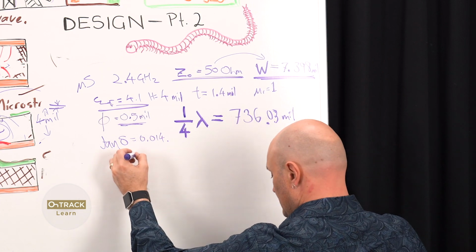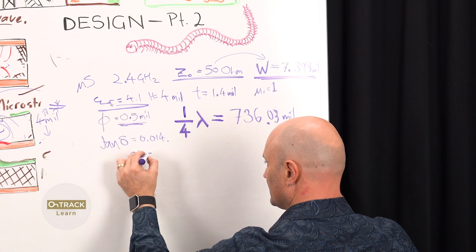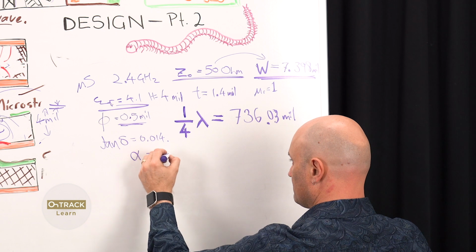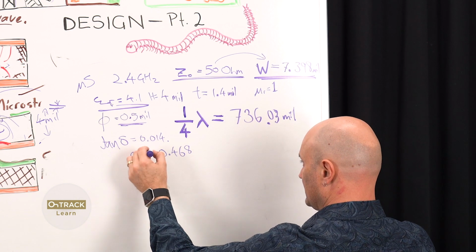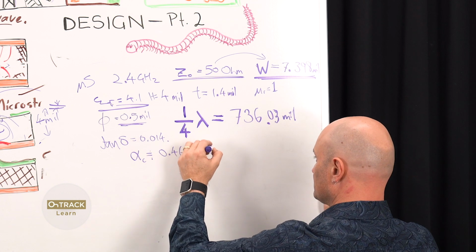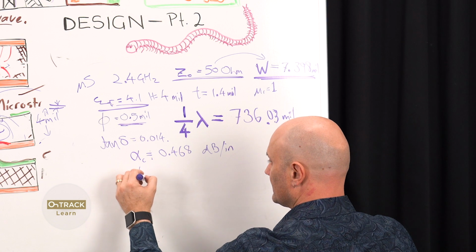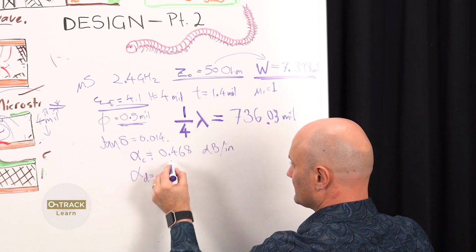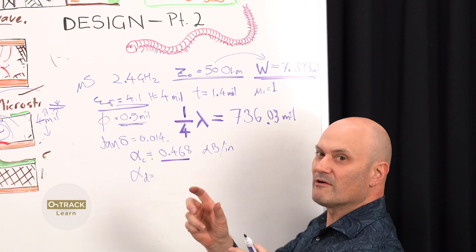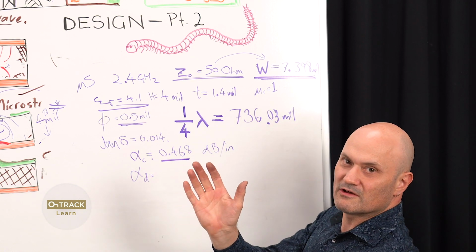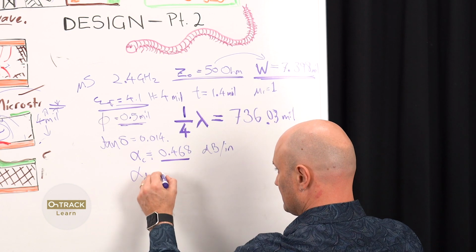We have a conductive loss, alpha C, of approximately 0.468 decibels per inch. That's what I calculate. So this doesn't seem like much, half a dB per inch. If you're only going an inch on the board, your loss is pretty low. That's not bad.